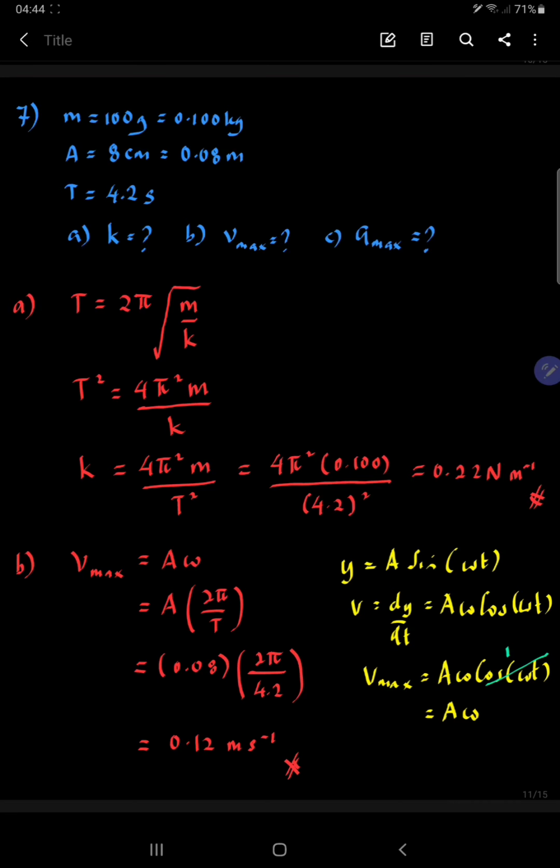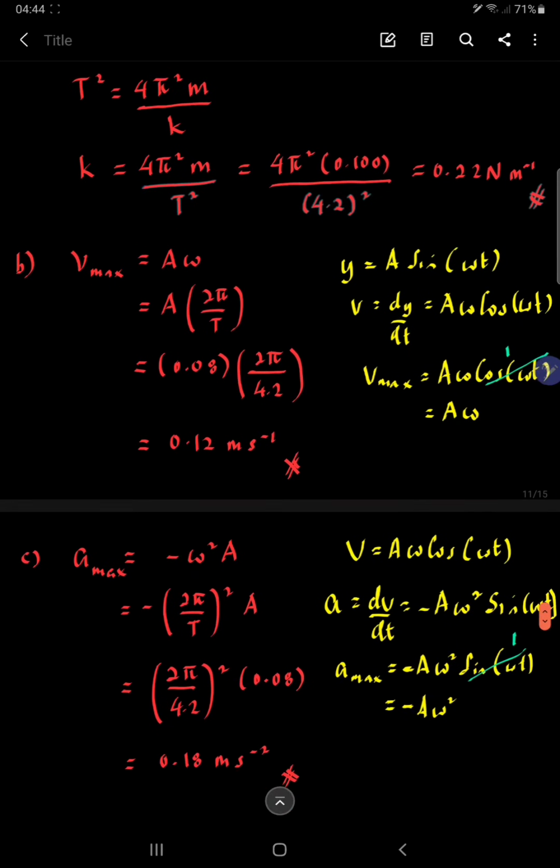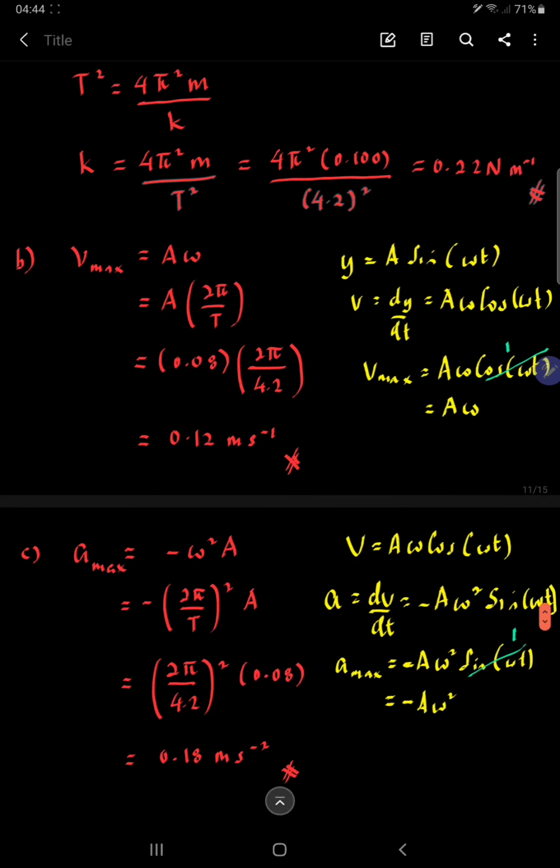Okay, and C, they ask you to find the maximum acceleration, still the same as before. So v equals A omega cos omega t. For the second differentiation, which is dv over dt, giving you a, you will get negative A omega squared sin omega t, where negative represents direction. Remember, a is maximum when the sine function is maximum, which equals 1.